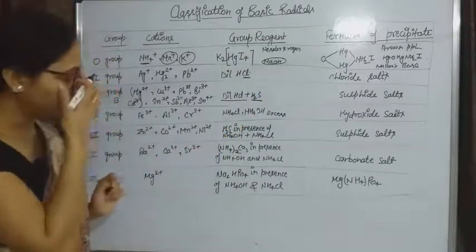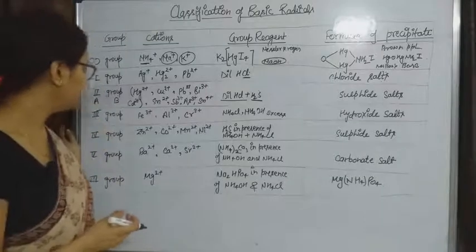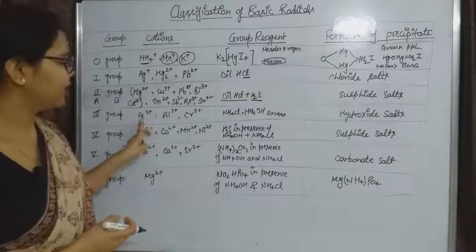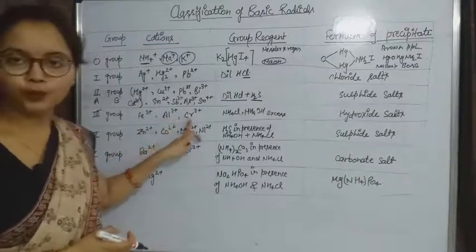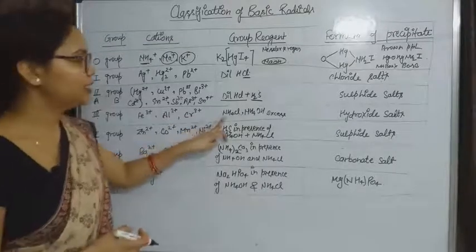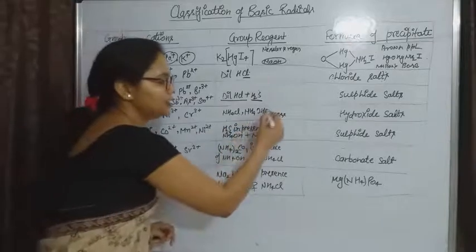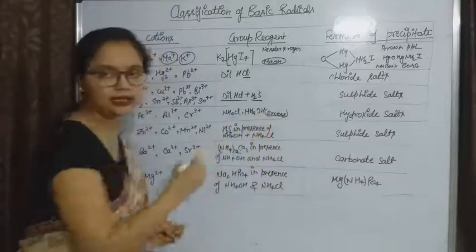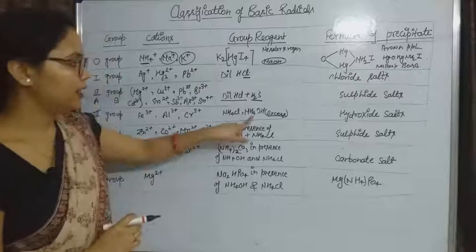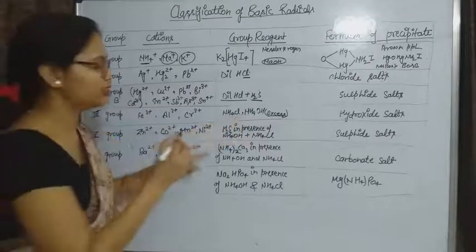Now let's talk about the third group. In third group cations are ferric, aluminium cation and chromium cation. Group reagent is NH4Cl and NH4OH. In this case, NH4OH you will take in excess quantity and NH4Cl you will take in small quantity.